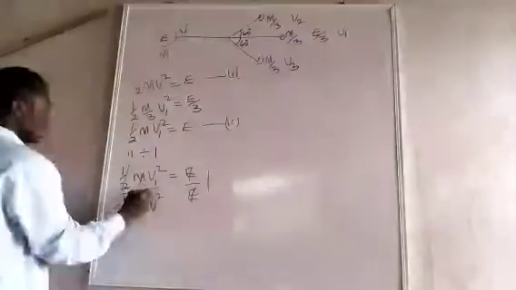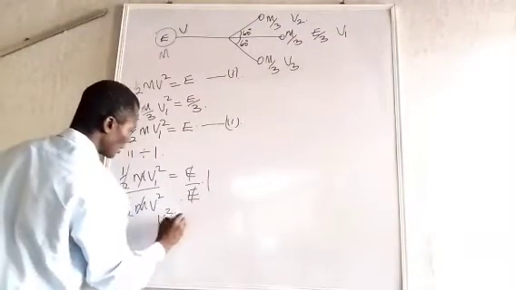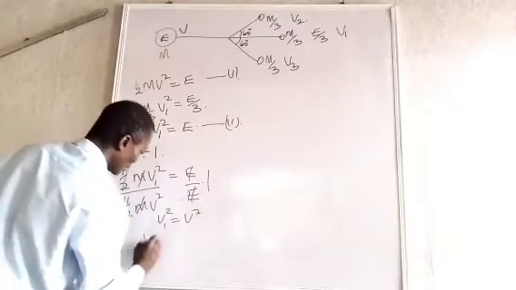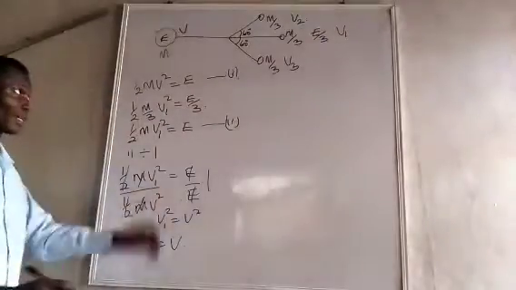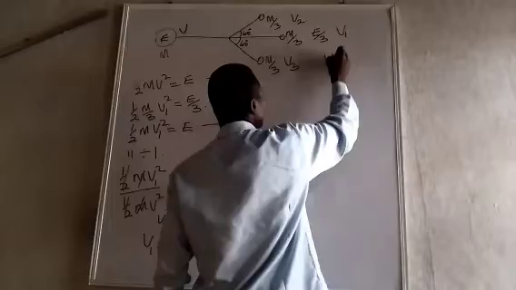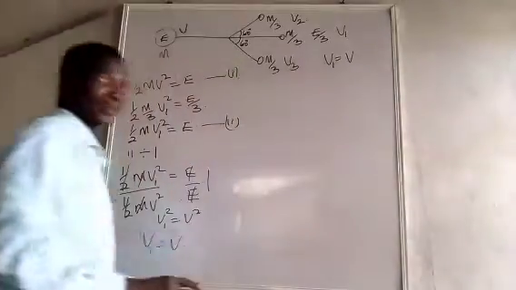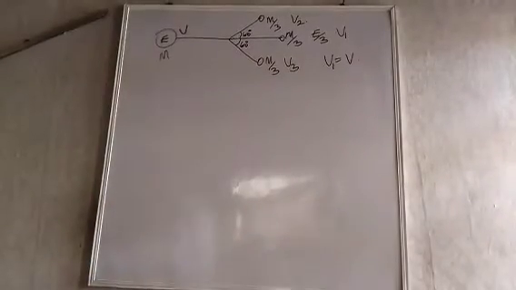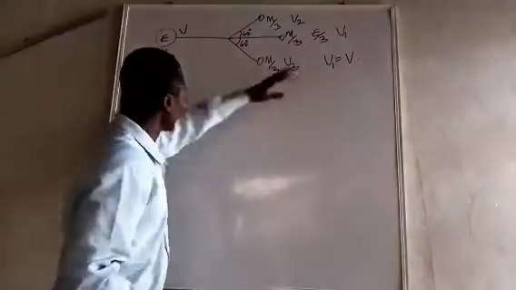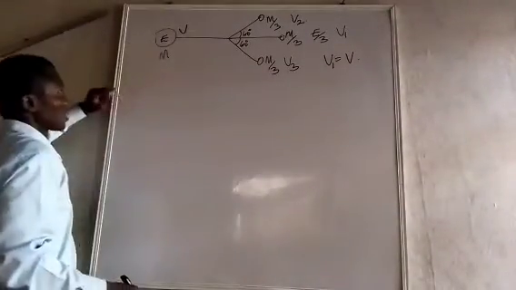So v1 squared is equal to v squared, so v1 is equal to v. That one is clear now. There's a reason for getting all this. Now we have the relationship between v1 and v.